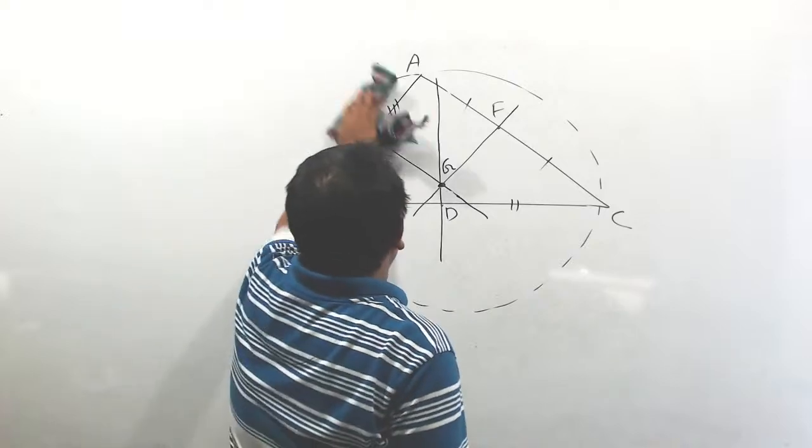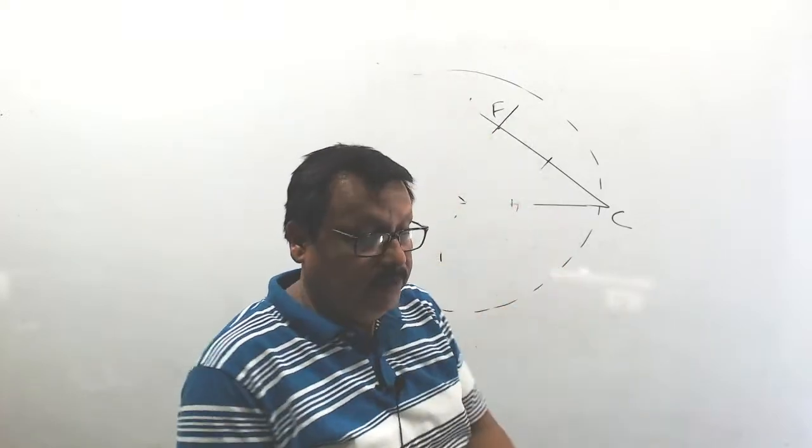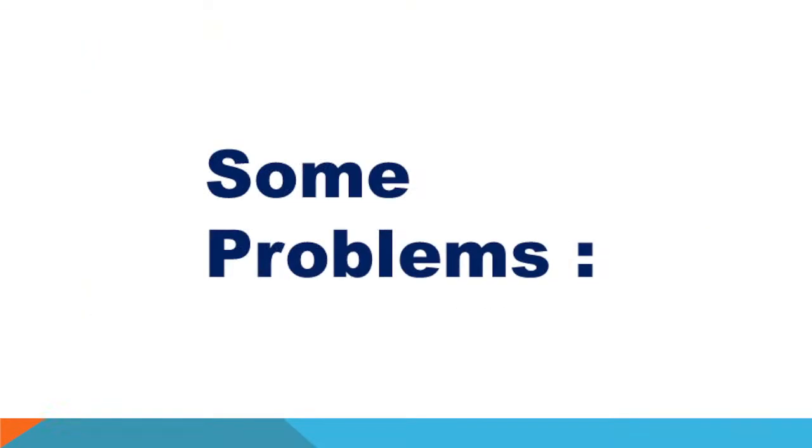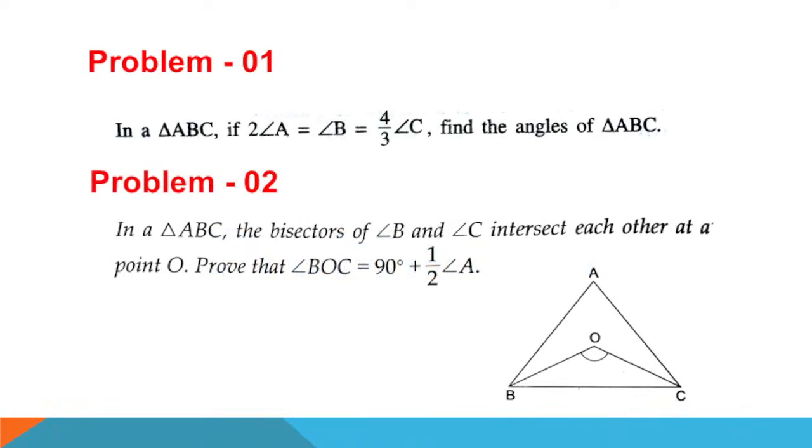Now, what's the next topic? Some problems. Let us start one by one, depending upon all these theorems that we learned now. We'll try to solve some problems one by one. Okay, problem number one.